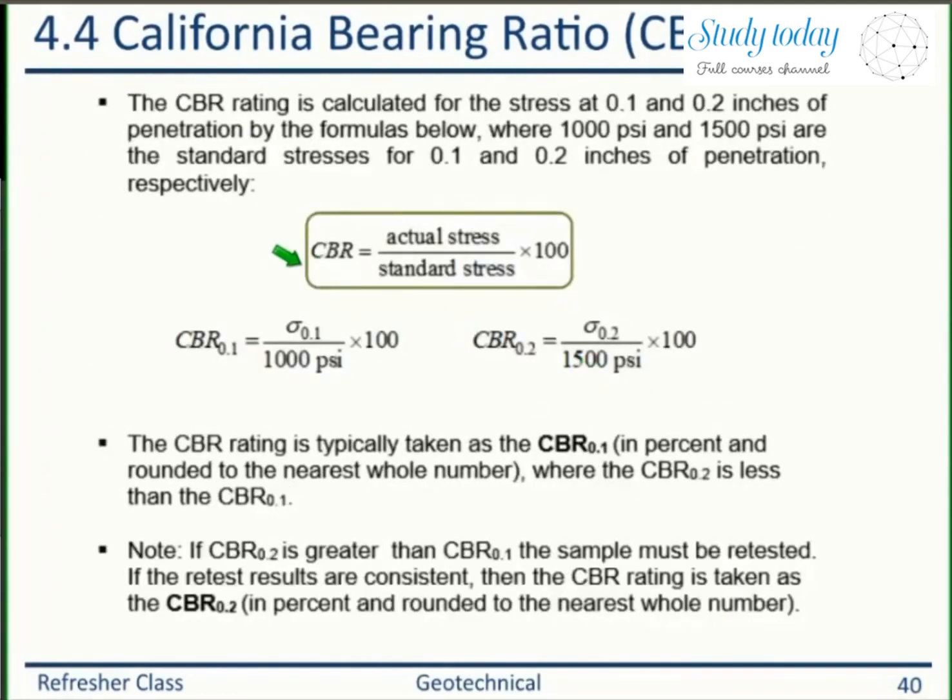So the CBR is calculated as the actual stress, which is load divided by the 3-inch square area, divided by the standard stress, multiplied by 100.